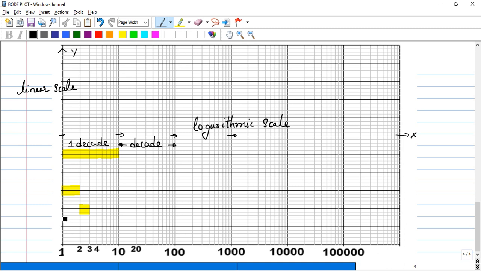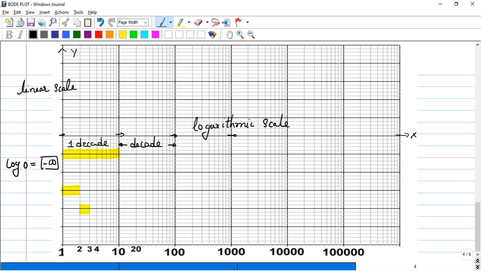If I substitute log 0, I will obtain minus infinity, which is obvious: the x-axis cannot be calibrated from 0, because we get minus infinity.